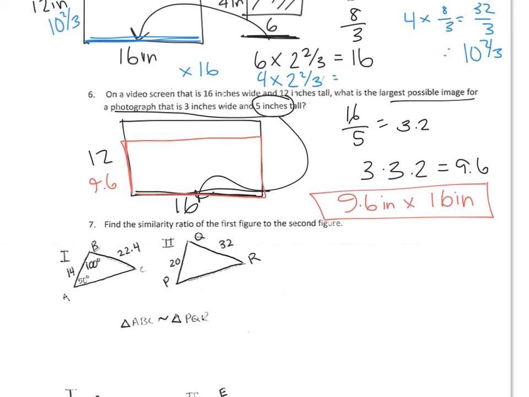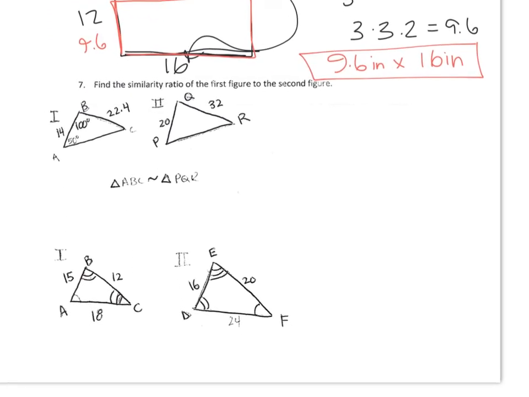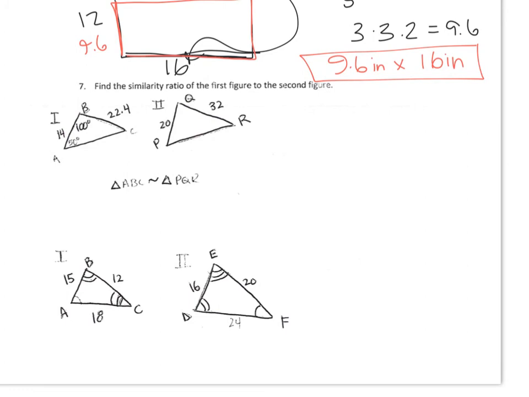Number 7, find the similarity ratio of the first figure to the second figure. So to do the similarity ratio, you take one side that matches up with the second side. So we know in ABC, A matches up with P, B matches up with Q, and then R and C match up.